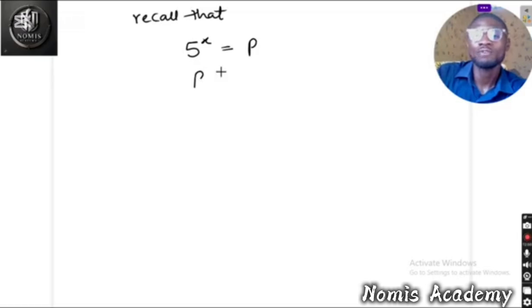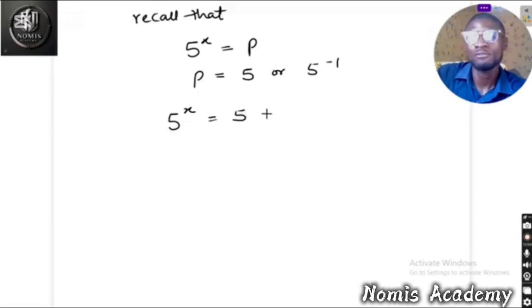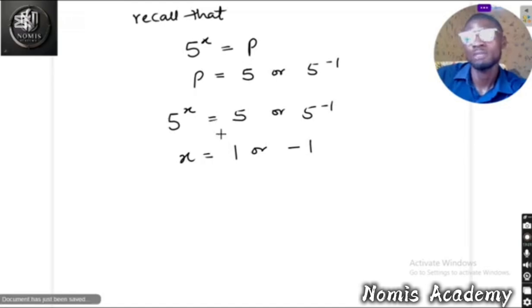And now that we've gotten p to be 5, or 5 raised to the power of minus 1, we have to check for it. So 5 raised to the power of x equals 5, or 5 raised to the power of minus 1, tells that x is either 1 or minus 1. So this is the answer to the value we're asked to look for, x.